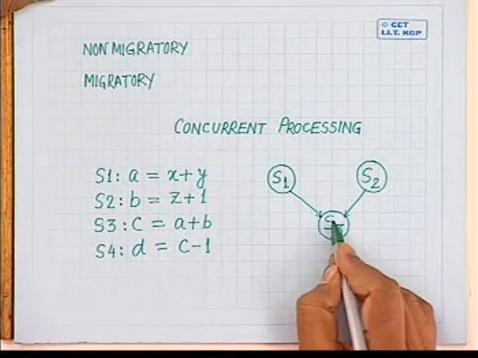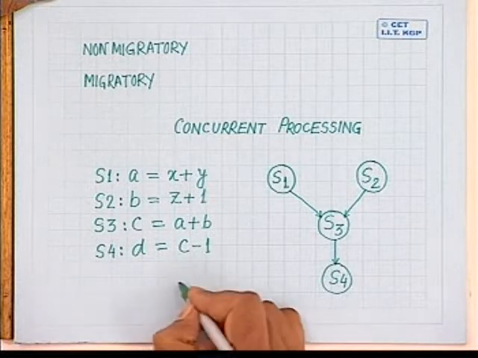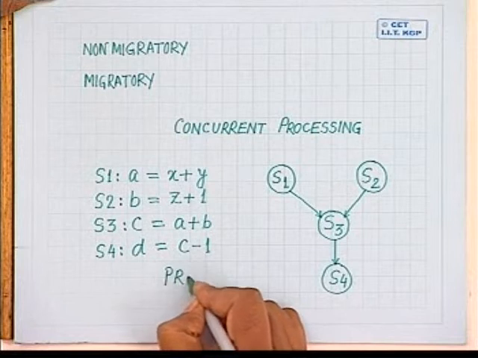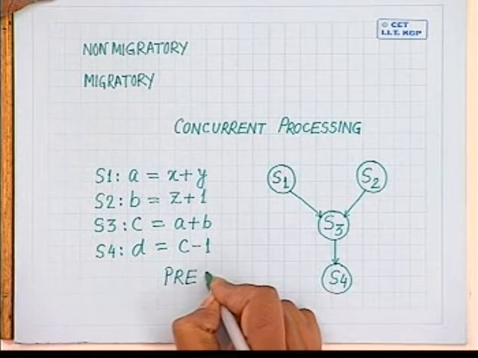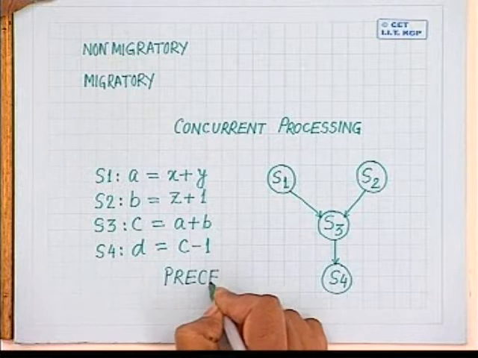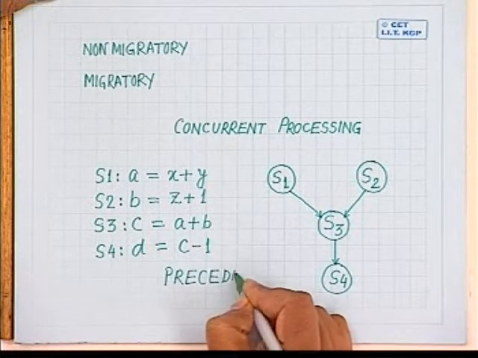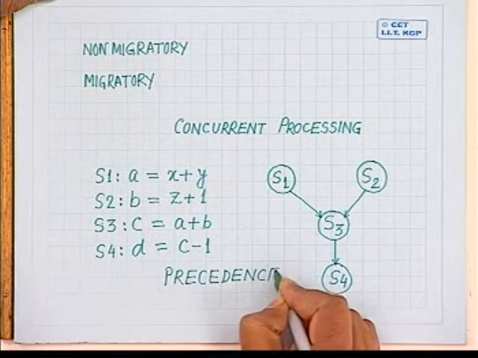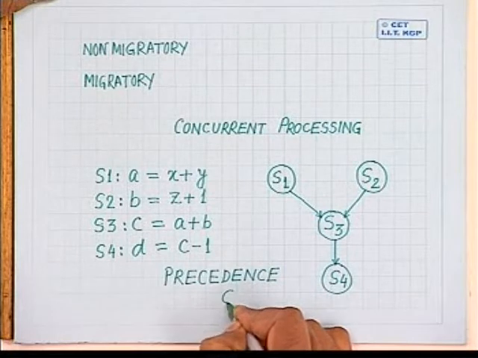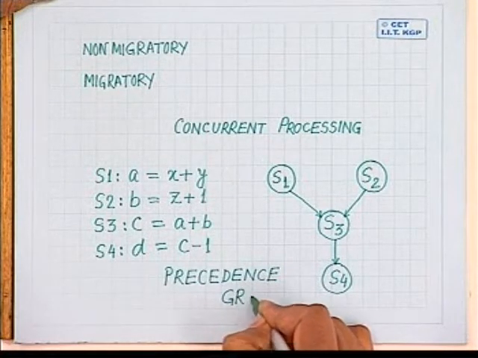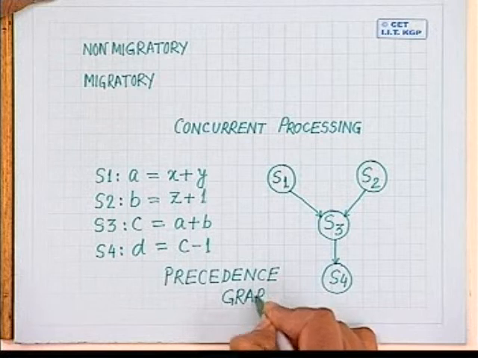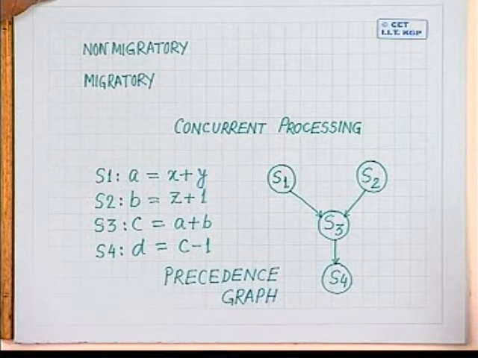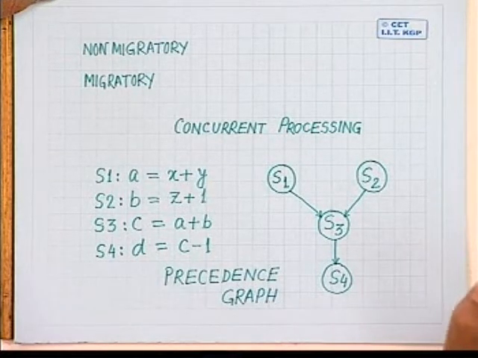Okay. And such a type of graph is called a precedence graph. Because it tells us what is the precedence relationship among the different subtasks of a given task.